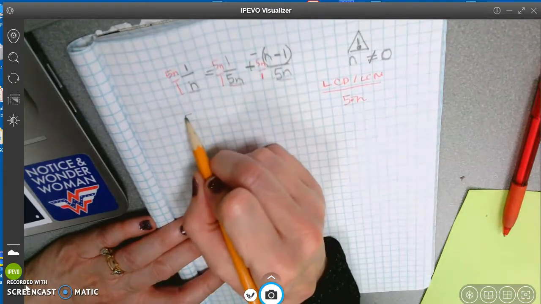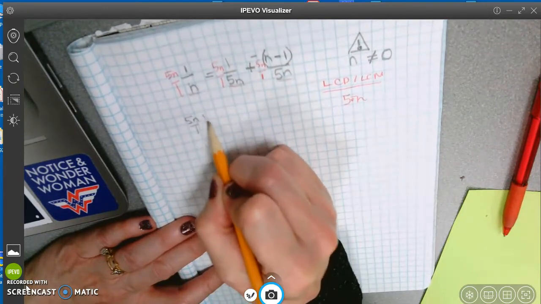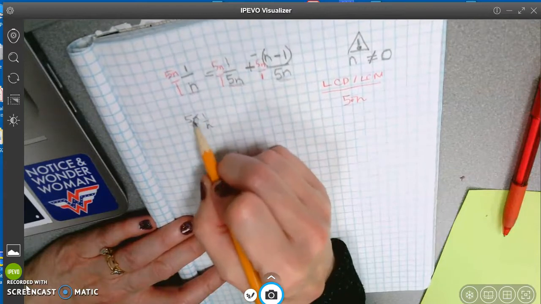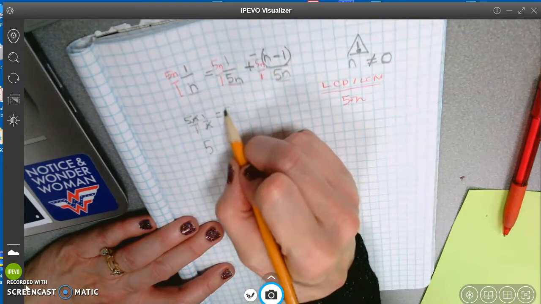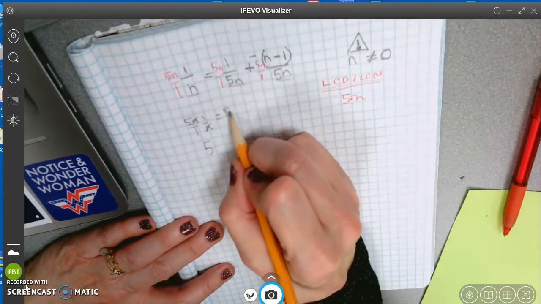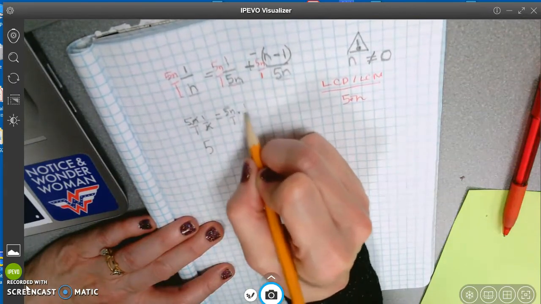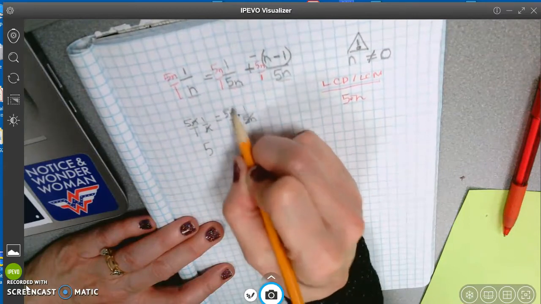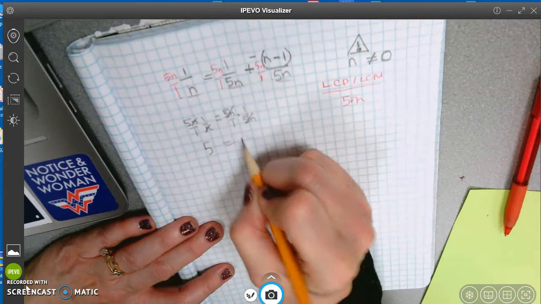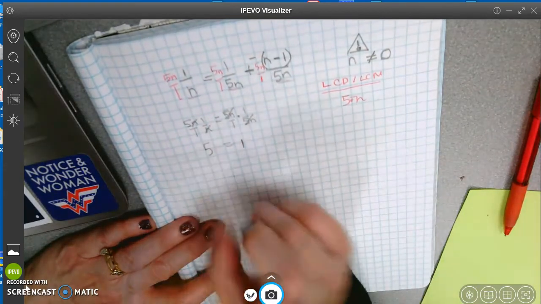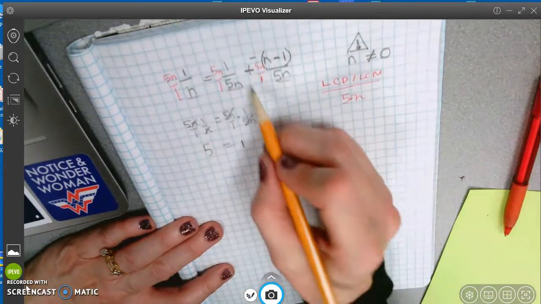So let me rewrite this. Those are going to reduce. 5 is left behind. Let me rewrite this one. Look, 5n reduces, leaves that 1. Yes, 5 times 1 is 5.